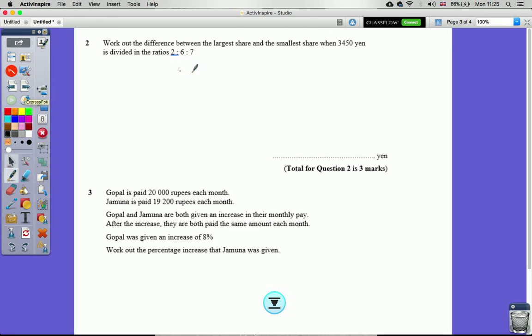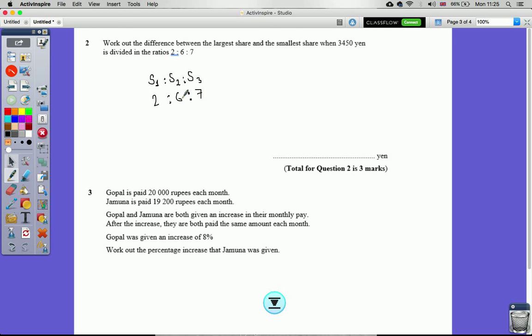Now it says work out the difference between the largest share and the smallest share when 3,450 yen is divided into the ratios 2, 6, and 7. So we've got share 1, share 2, and share 3. We have got the ratio 2, 6, and 7.